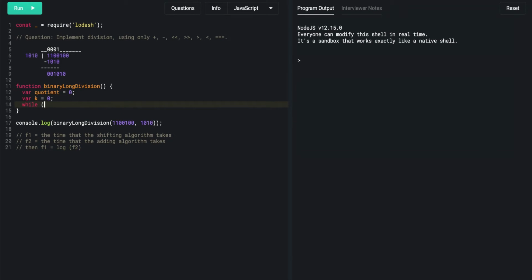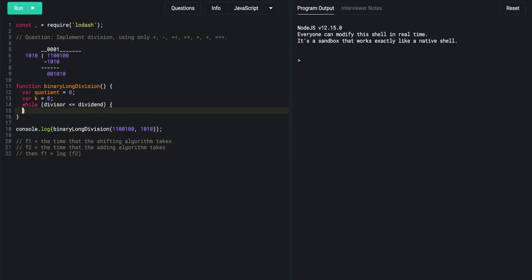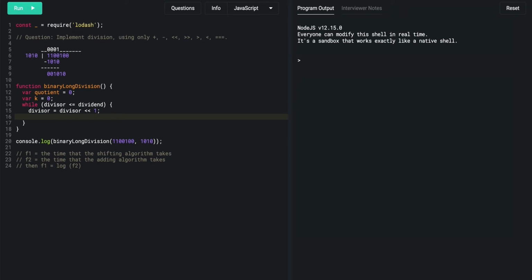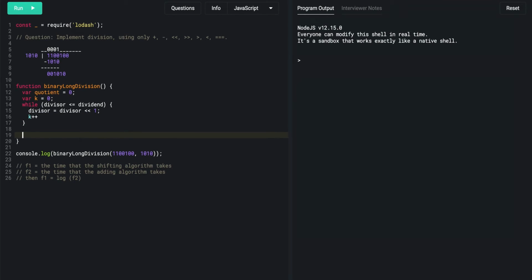So while divisor is less than or equal to our dividend, then divisor is going to be equal to, we are going to left shift it, which is going to add a 0 onto the end, and we're going to increase k plus plus. Okay, then we'll start our next while loop.